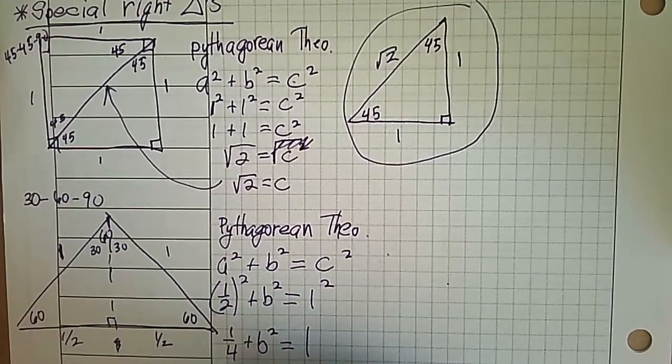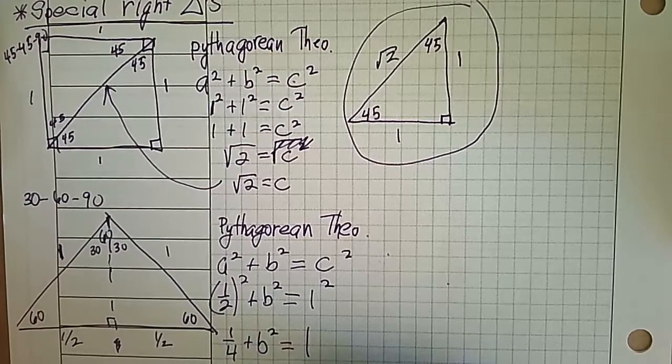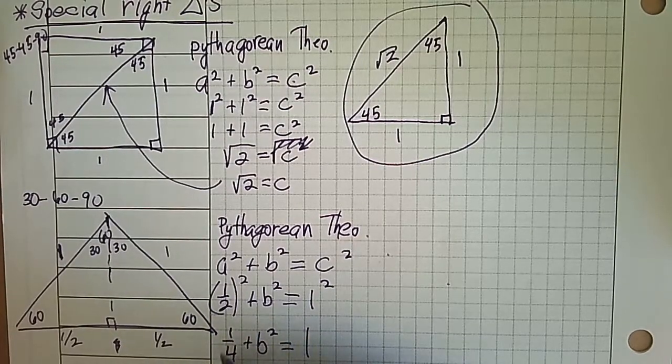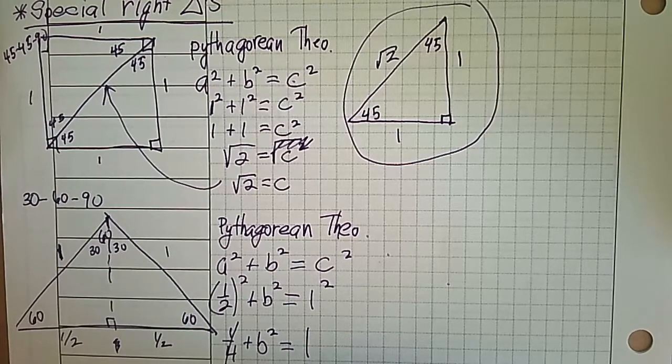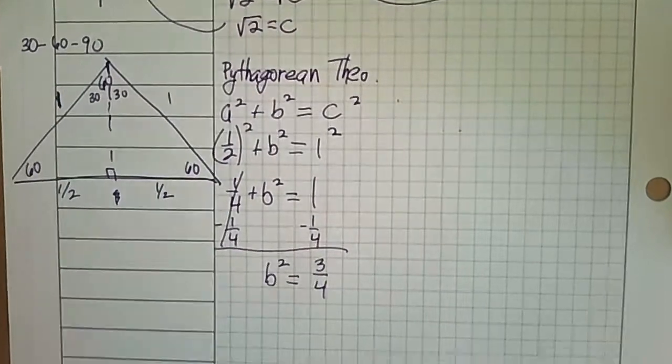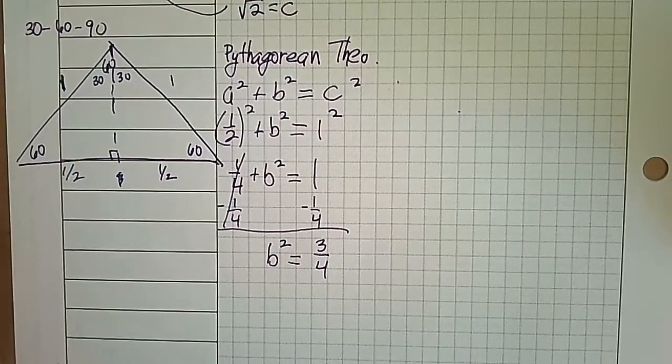Now minus 1/4, minus 1/4, because I'm solving for b. These are opposites, they cancel. So you have b squared equals 1 minus 1/4. A dollar minus a quarter will give you 75 cents, or 3/4. Okay. Now my goal is to get the b by itself.